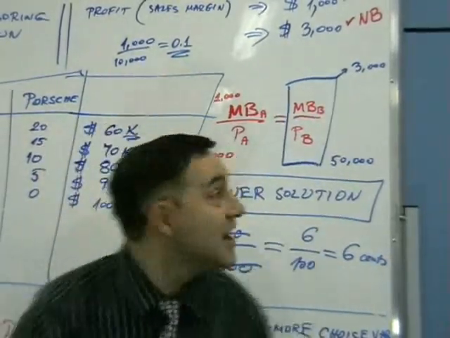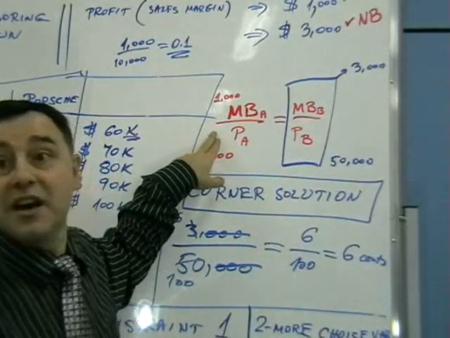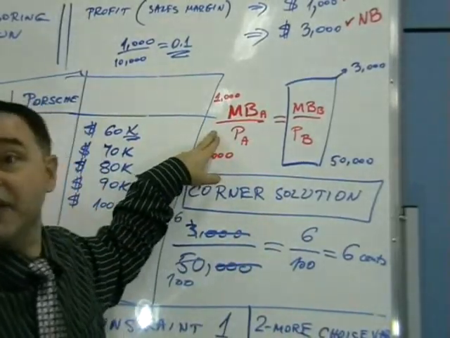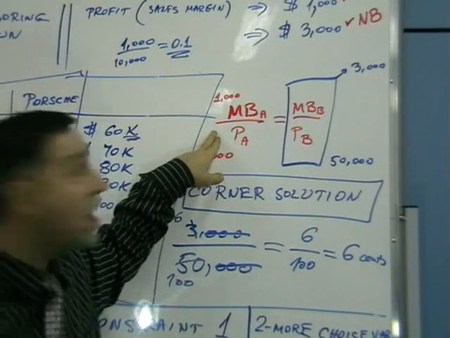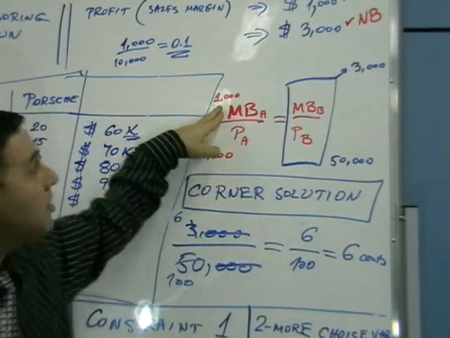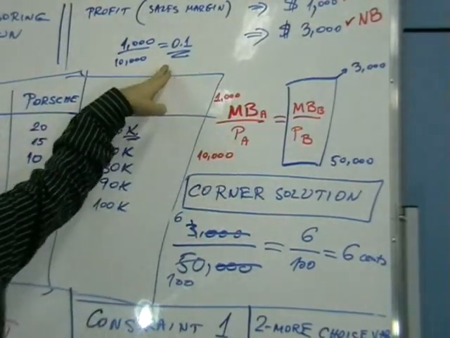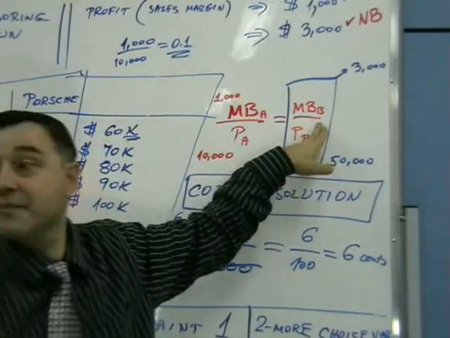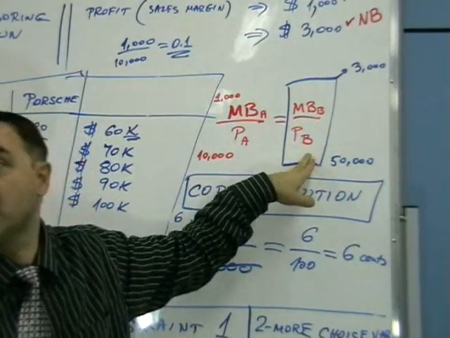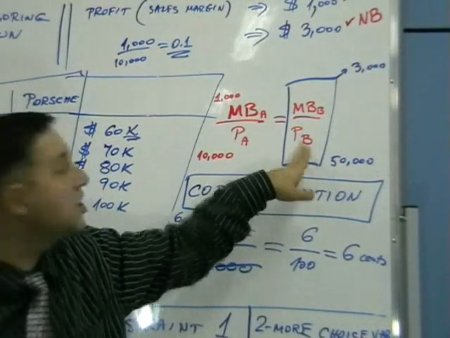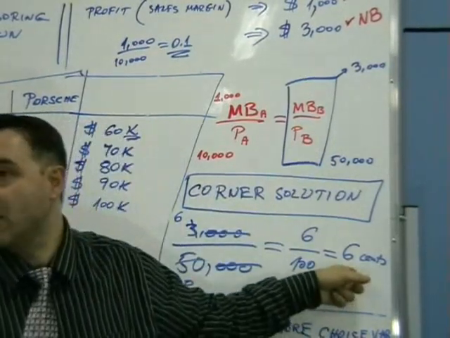In other words, the net benefit on a dollar of Chevy is 10 cents on the dollar, right? And the net benefit on a dollar of Porsche is 6 cents on the dollar.